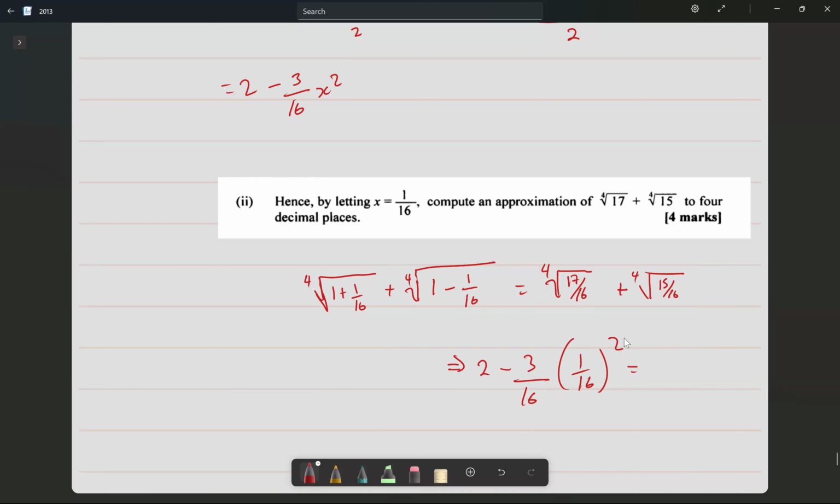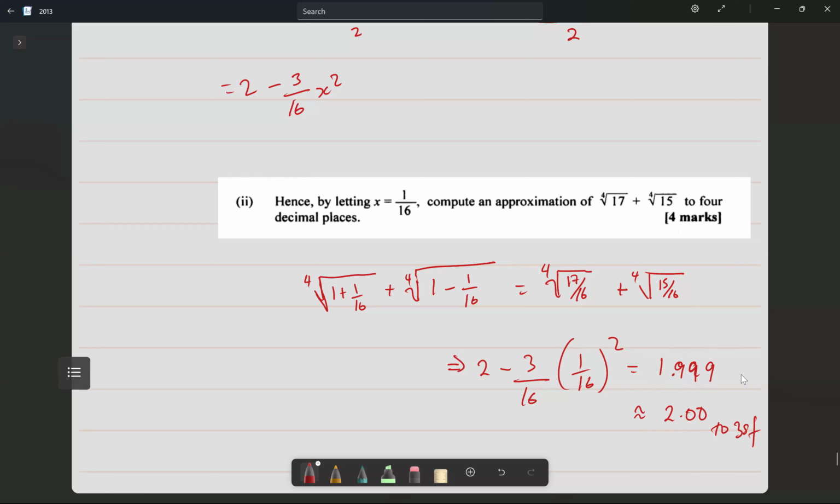We get 1 point... well, I have to believe them. Okay, so that becomes 1.999. Or you could say that that is 2.00 to 3 significant figures.